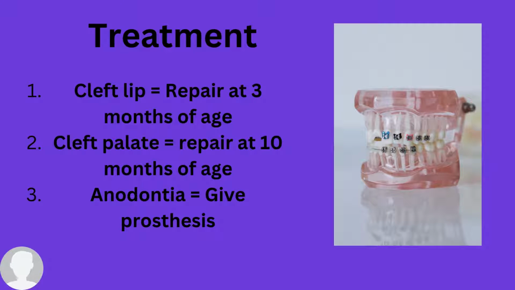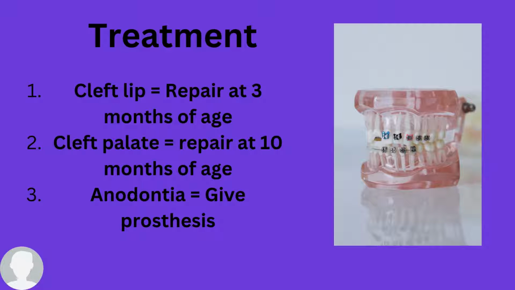Now, what is the treatment that we can provide for such patients? Normally, for any patient with a cleft lip, we will do a surgical repair when the child is 3 months of age. If the patient has a cleft palate, we can do the repair when the child is 10 months of age, so that we can make sure the palate and the lips are completely developed.